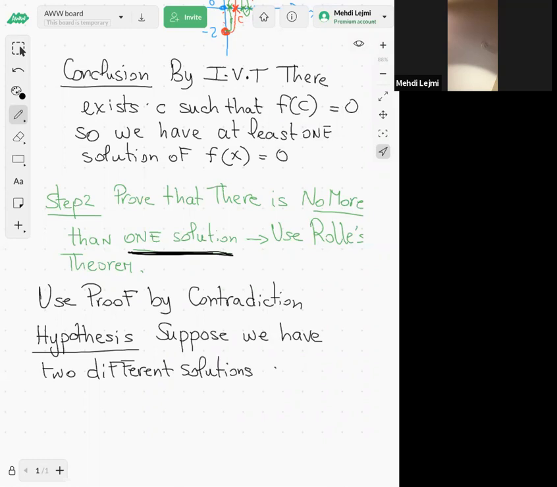Okay. So when I say solution, I mean a solution of f of x equal to 0, right? So f of a is equal to 0, and f of b is also equal to 0, right? a and b are supposed to be solutions of f of x equal to 0, right?